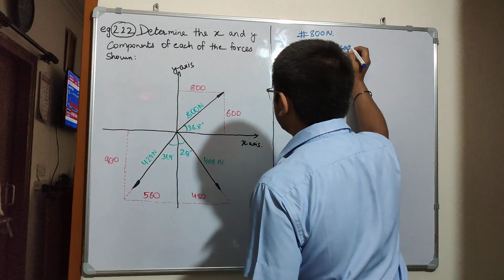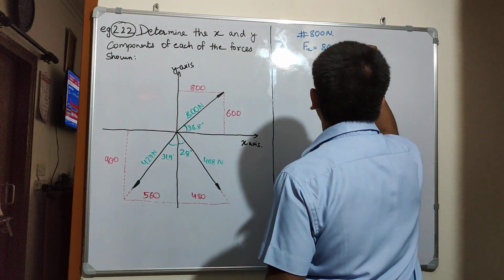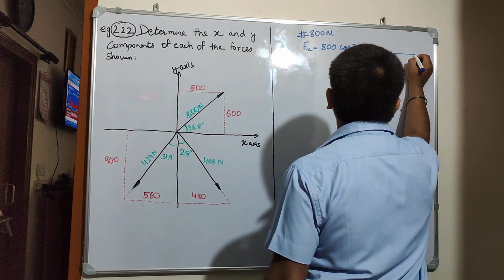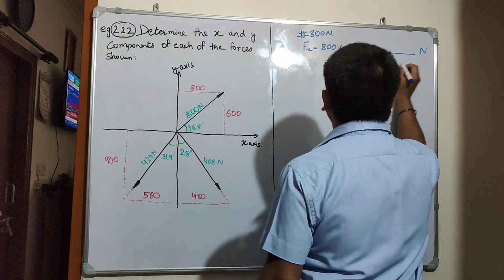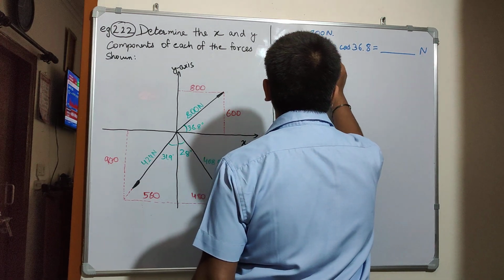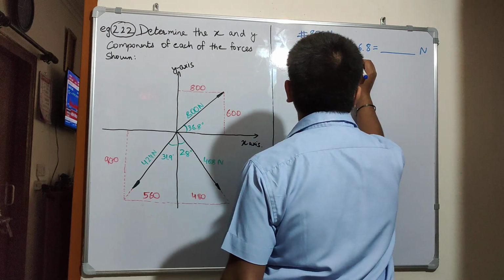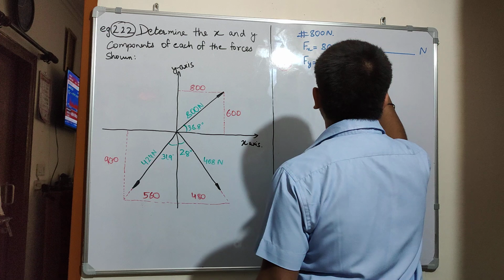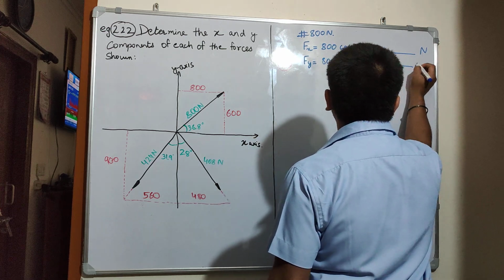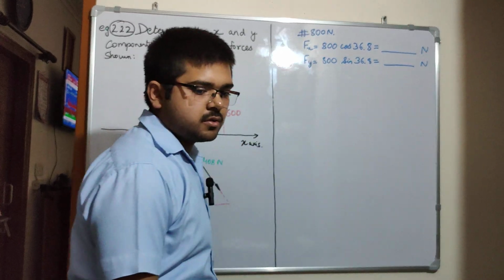Fx is 800 cos 36.8, and Fy equals 800 sine 36.8. We will calculate these values at last.